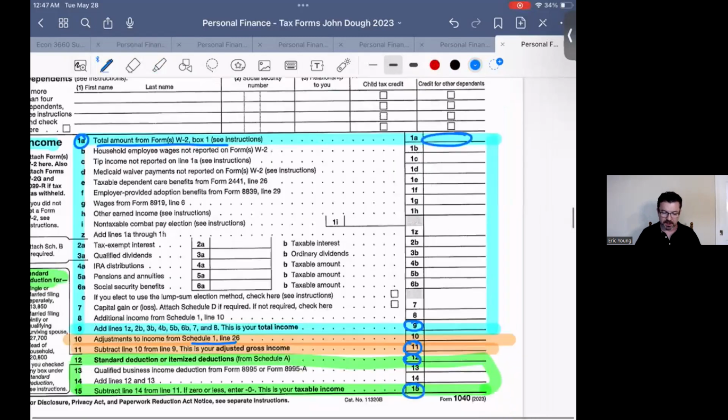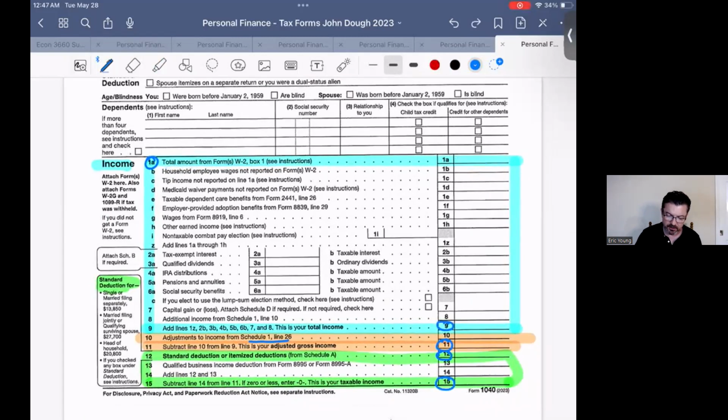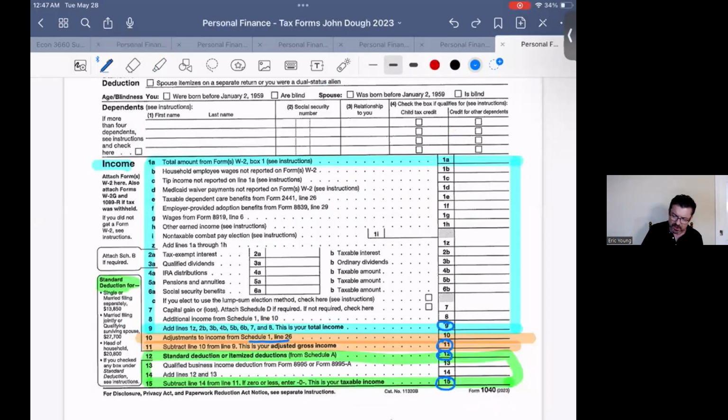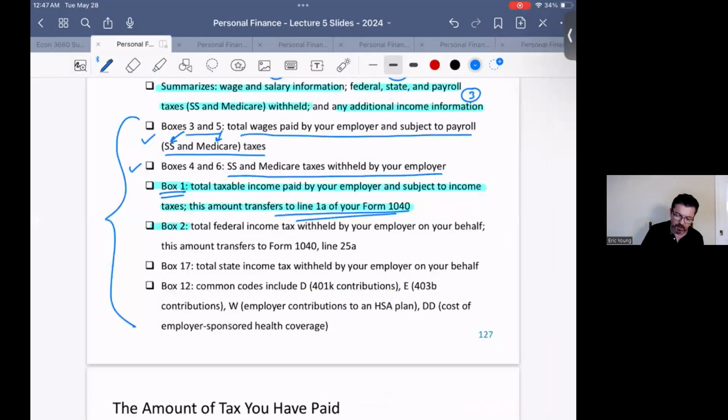So for most Americans whose income comes primarily from work, the number on box 1a, which comes right from your W-2, is going to be the bulk of their income. When you're doing your own taxes and you wonder what to put in this box, the answer is you put whatever number was in box 1 of your W-2.